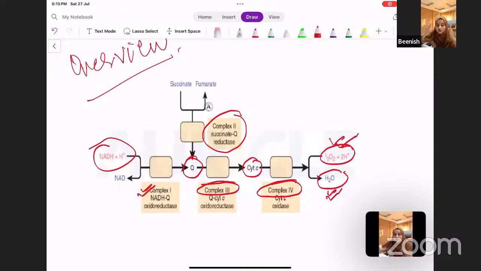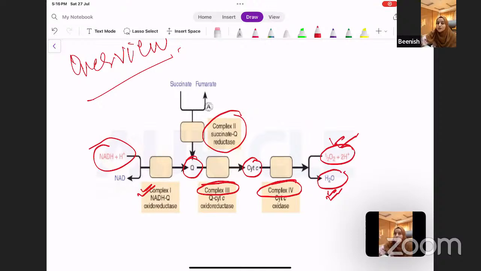Get this chart and concept very clear so that we can proceed with the individual complexes and you do not mess things up. Okay, NADH is coming and giving its electron to complex 1. FADH2 is going to give its electron to coenzyme Q via complex 2. So you see your complex 1 and complex 2 are not in series.